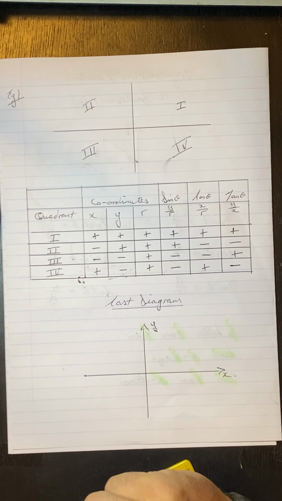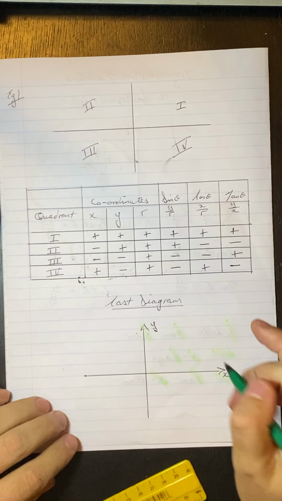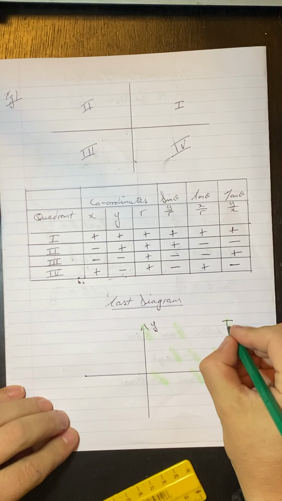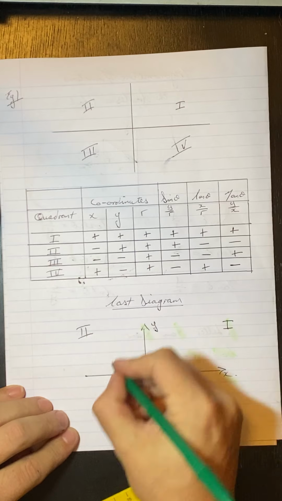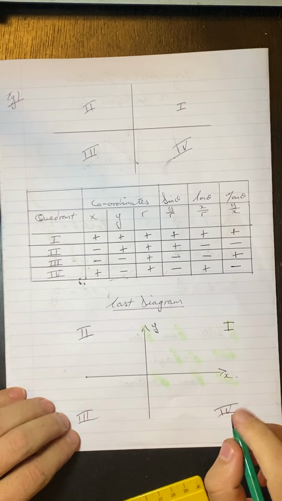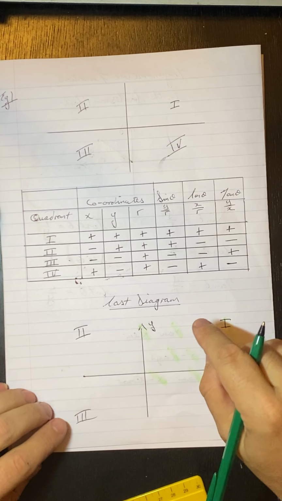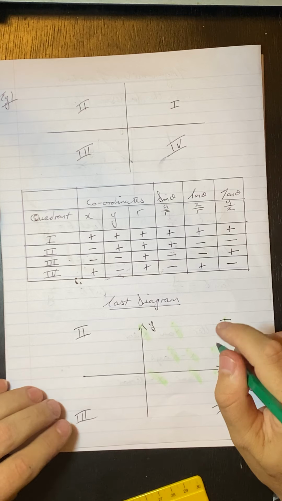And what we can do now is we can build up something called a cast diagram. So remember that this is quadrant 1, 2, 3, and 4. What I can do now is we can call it the cast diagram. And how it works is I say this.